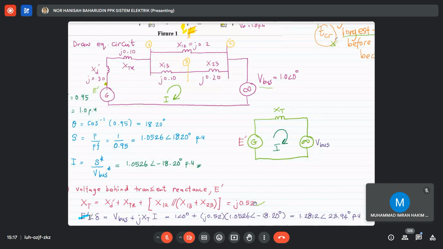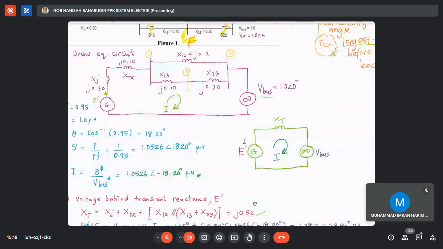Okay, how do I get my E prime here, students? You know that the voltage across the transfer reactance plus the voltage across the V infinity bus, you are going to get the transient internal voltage, the internal voltage of the generator.